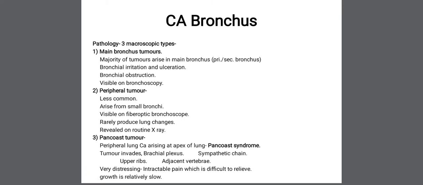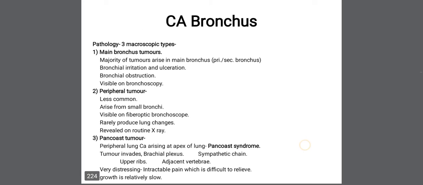So these are the three macroscopic, the pathological, types of CA bronchus. First one is main bronchus tumor, then peripheral tumor and Pancoast tumor. The main bronchus tumor will include only main bronchi with primary or secondary bronchus.